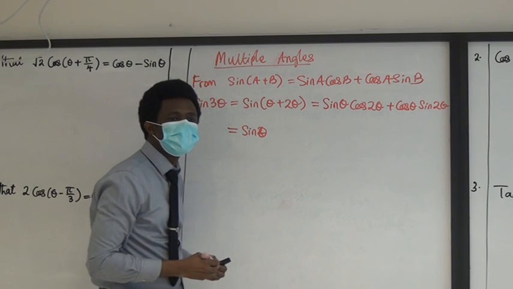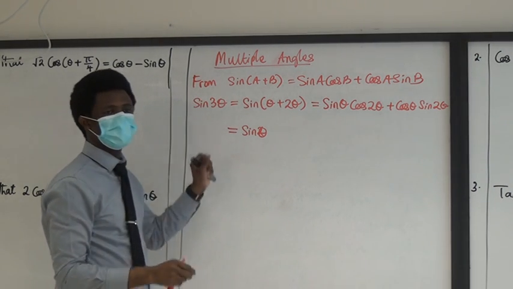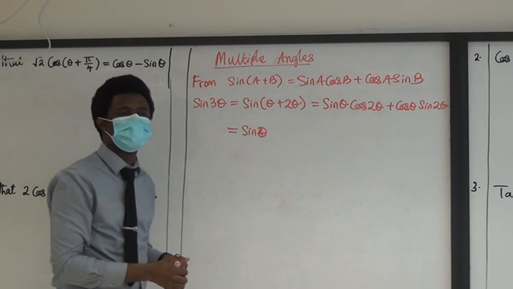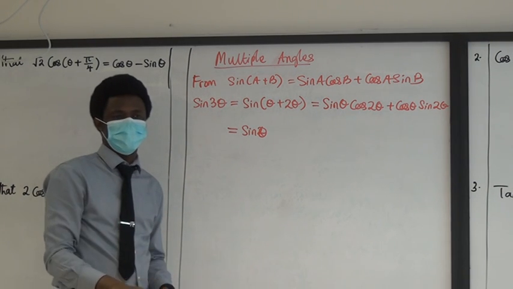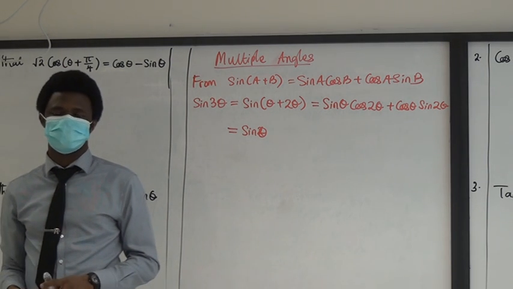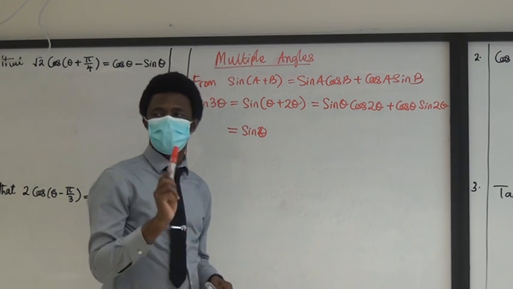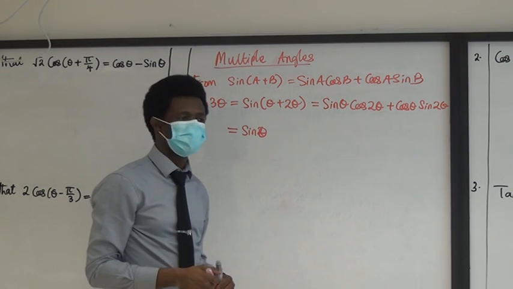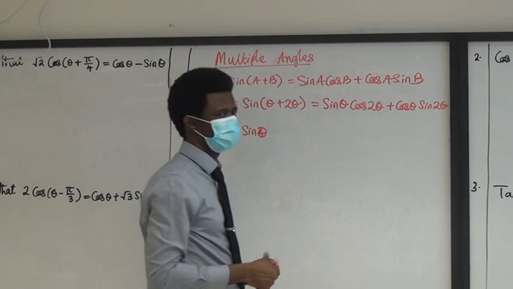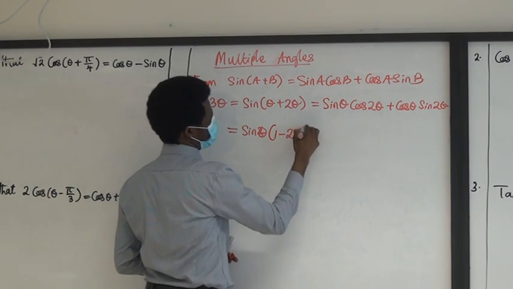Now cos 2 theta has 3 forms. Because this is sine, you choose the form of cos 2 theta that is in terms of sine only. What is that identity for cos 2 theta in terms of sine only? 1 minus. Try not to look at the book next time. 1 minus 2 sine squared theta.